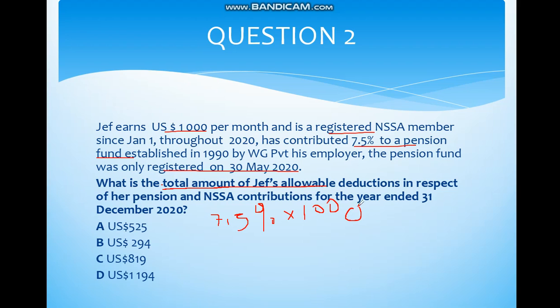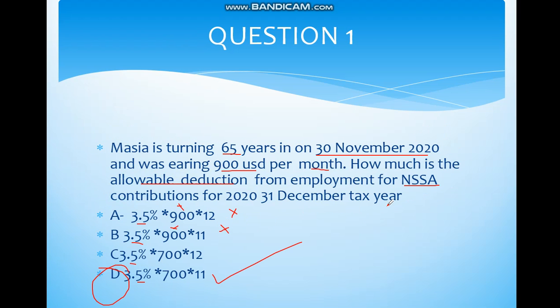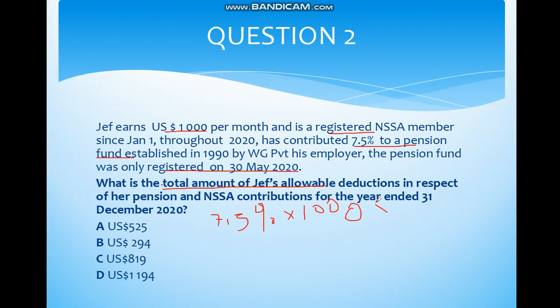Then we multiply this one by 7 months. Why 7 months? We are saying effective June, July, August, September, October, November, December. 7 months. Then we multiply the 3.5.